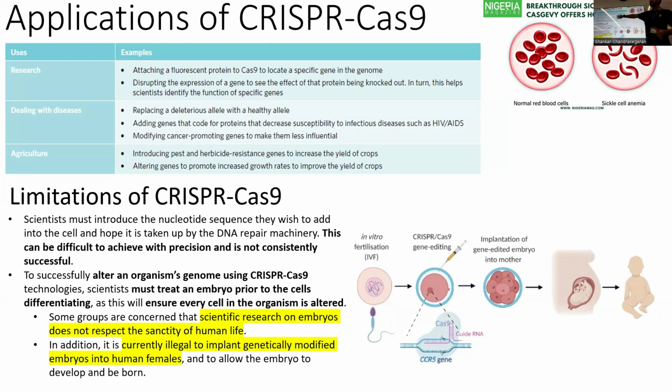Another thing you can do, dealing with diseases. So essentially, you know how CRISPR-Cas9 can make a very precise repair? There are over 200 diseases that are caused by literally one nucleotide being wrong in the sequence, right? Just because this one nucleotide is wrong, it causes a disease.